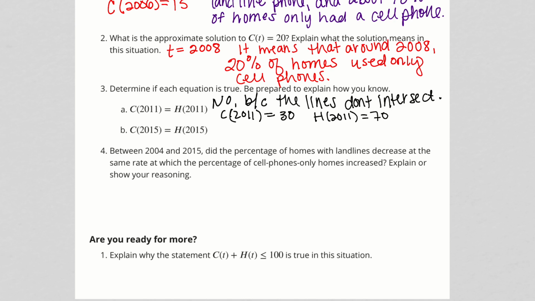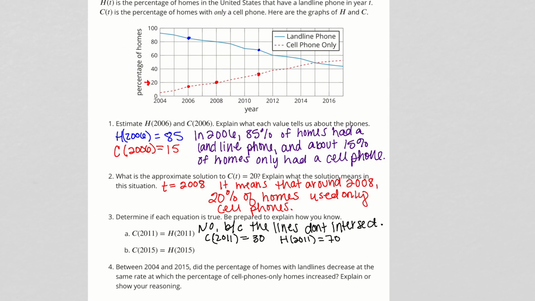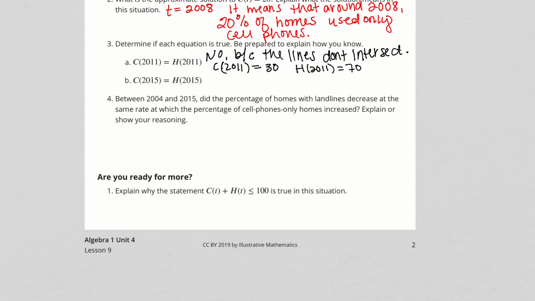So now let's look at C of 2015 and H of 2015. Yes, because they intersect right there, don't they? So yes, because the lines intersect.